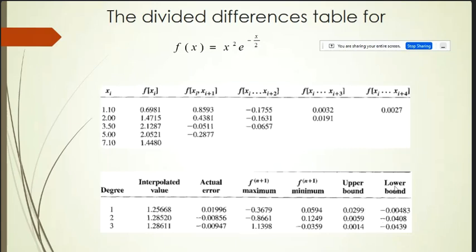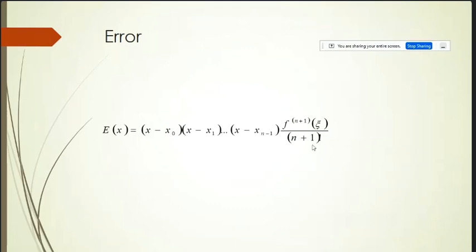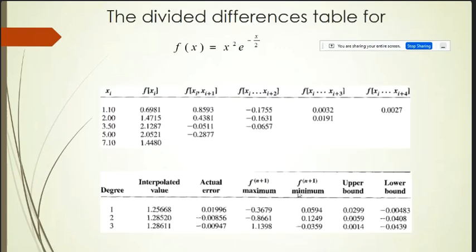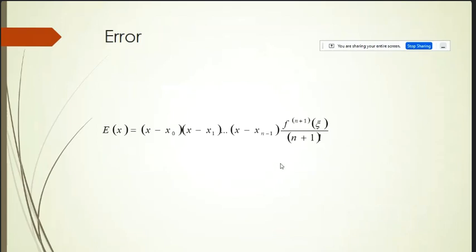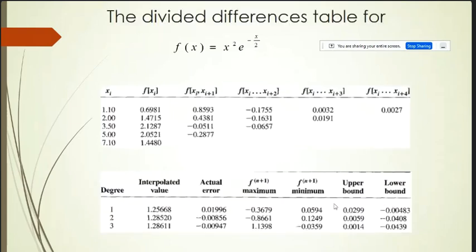This upper bound and lower bound is easily obtained by using this equation and substituting the maximum and the minimum value of the differentiation of f of order n plus 1. If we use these values in this equation, we can easily get the upper and lower bound of this function.